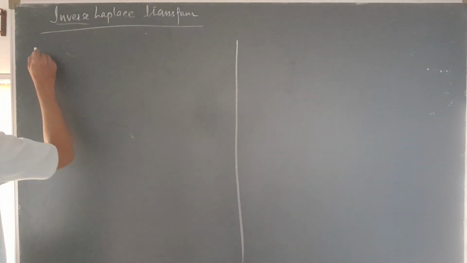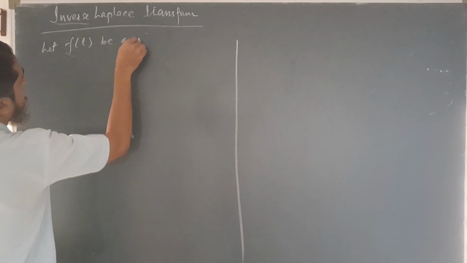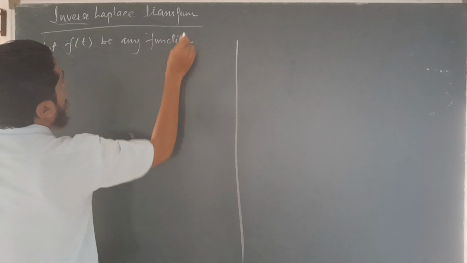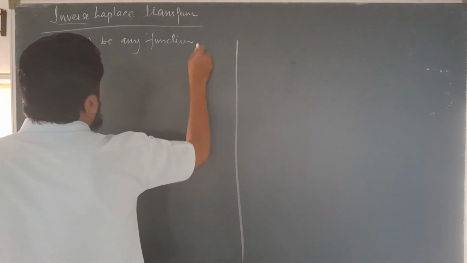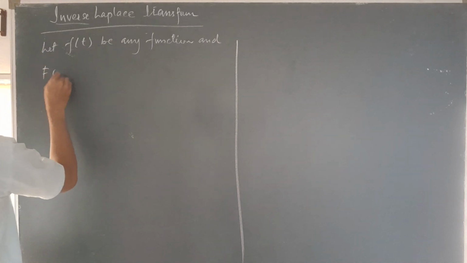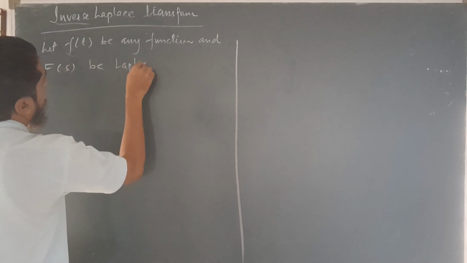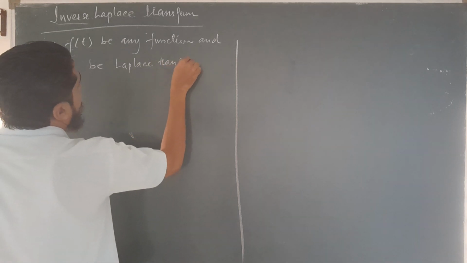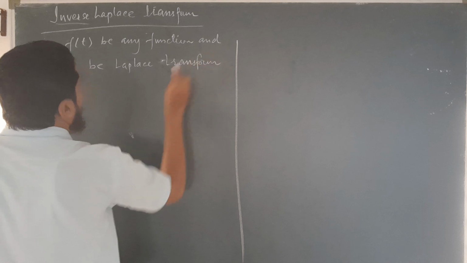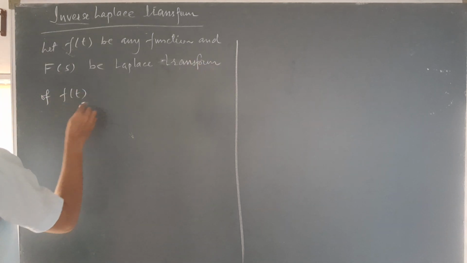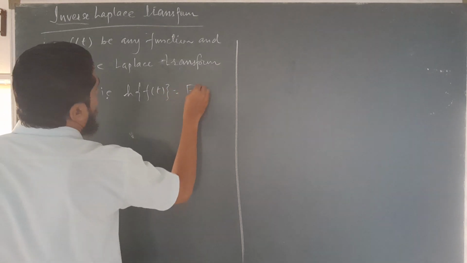So we can define it this way. Let f of t be any class A function, and let capital F of s be the Laplace transform of f of t, that is, the Laplace transform of f of t is equal to F of s.